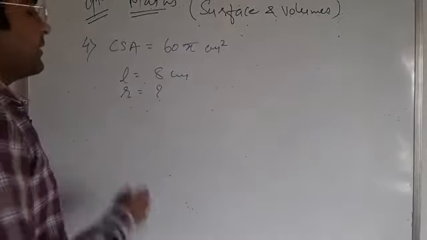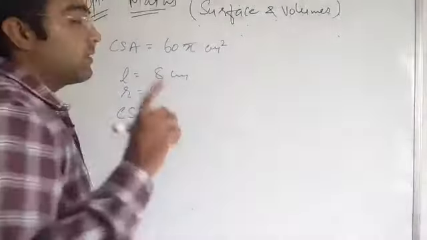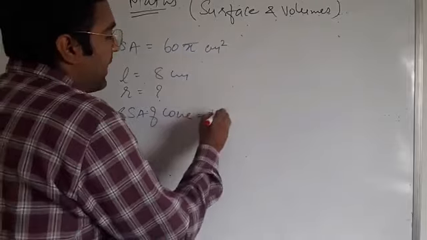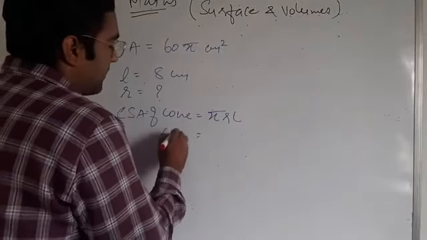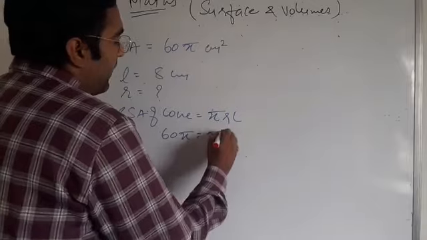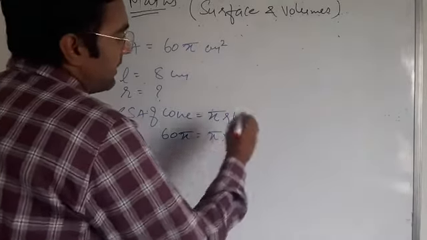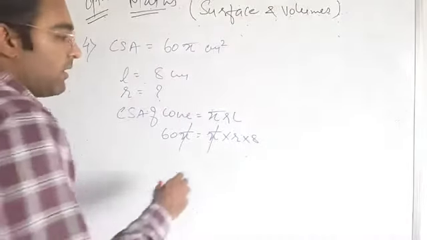So you have to take the curved surface area of the cone, that is CSA of cone equals πrl. We take CSA as 60π, equal to π times r, which we have to find, times the slant height 8. Now π cancels out from both sides.